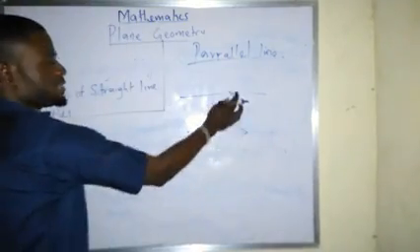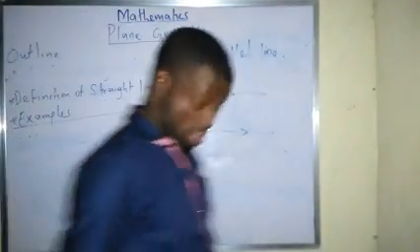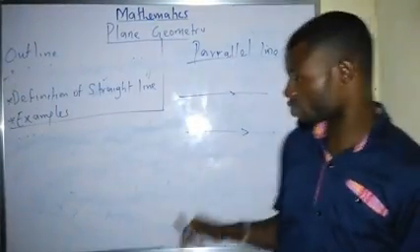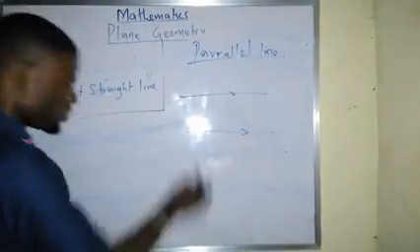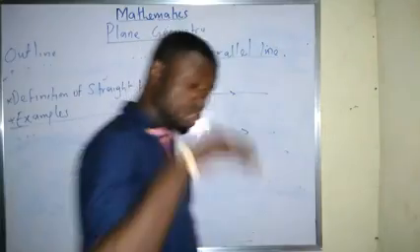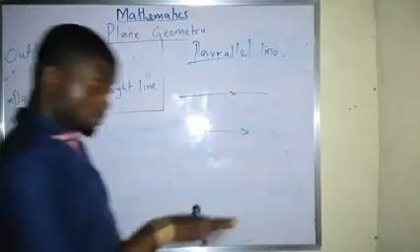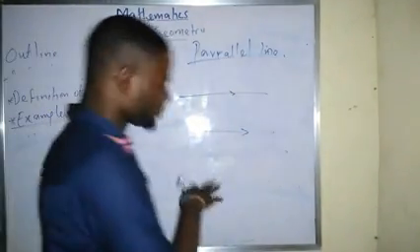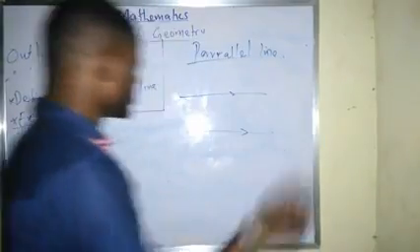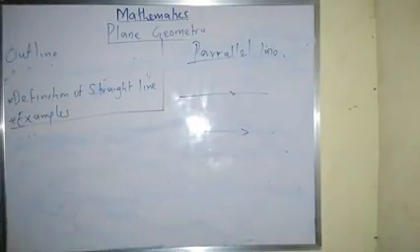In mathematics, when you are drawing something in vector form, it's good to put this arrow. It shows us the direction, which we call displacement. Very soon I'll work on that part.